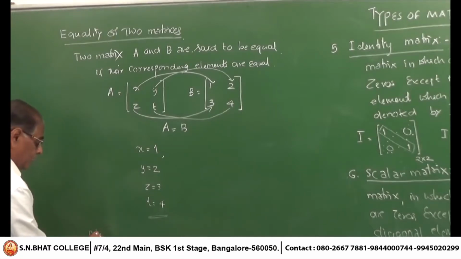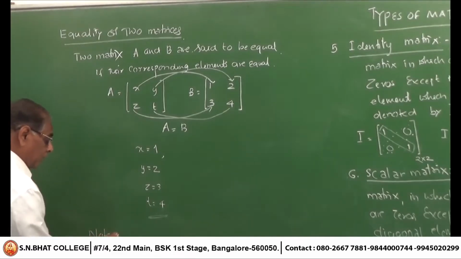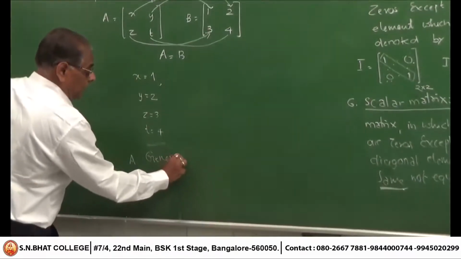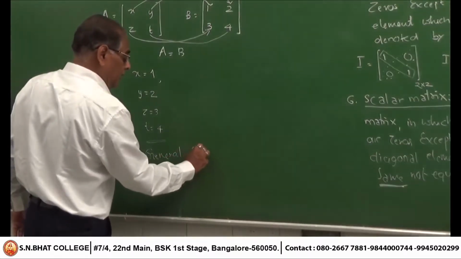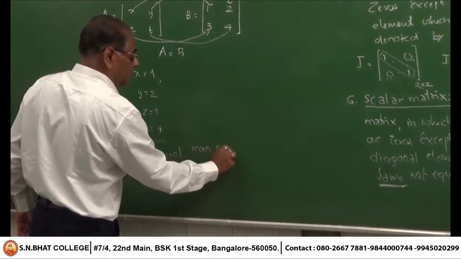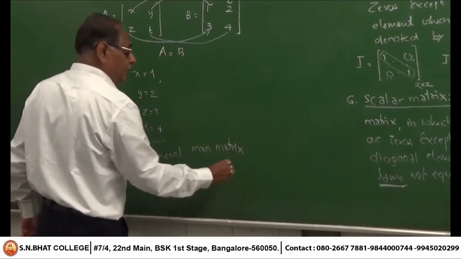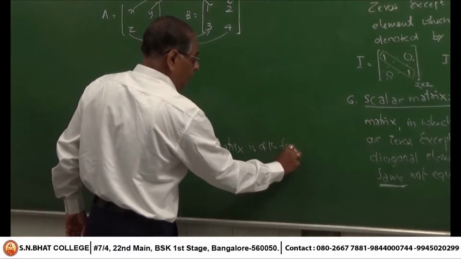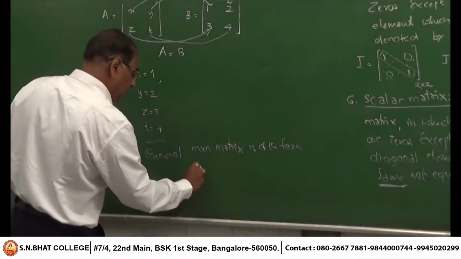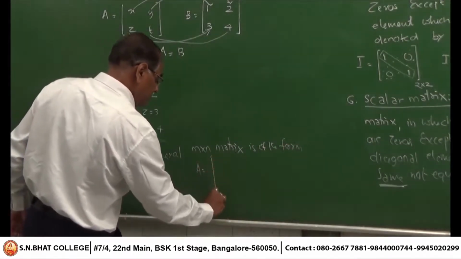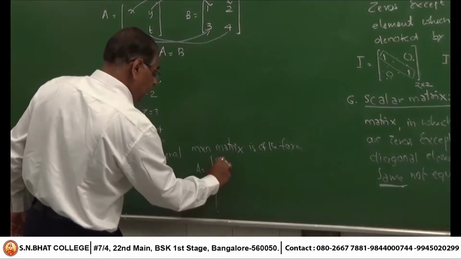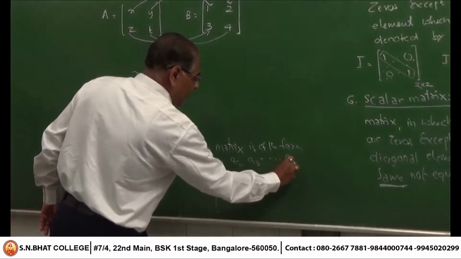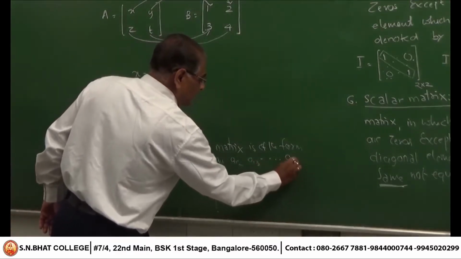Next you write a note. A general M cross N matrix is of the form A is equal to A11, A12, A13, etc., A1n.